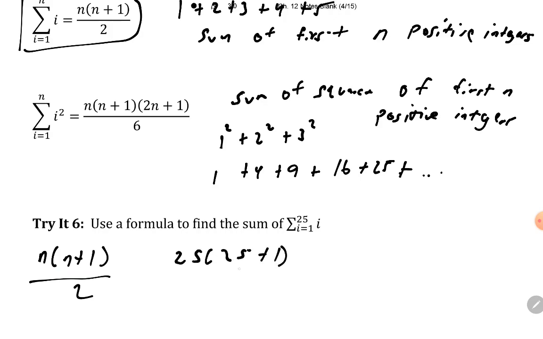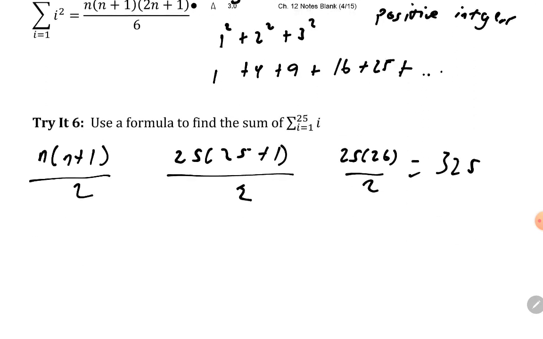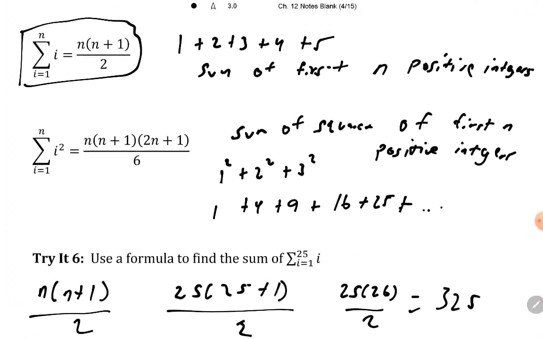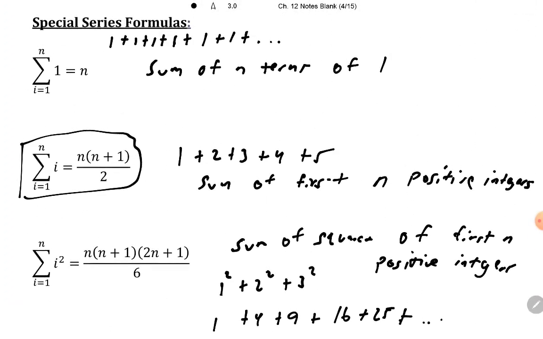So this is 25 times 26 over 2, which is 325. So these formulas you kind of have to memorize. This first one's pretty easy. If you just want to add 10 ones, you get 10, right? The second one and the third one, you kind of just have to memorize.